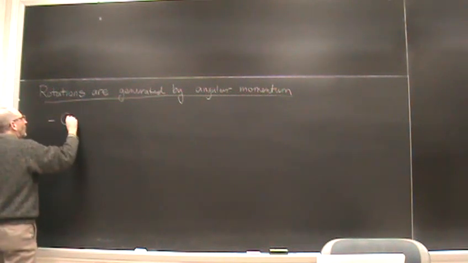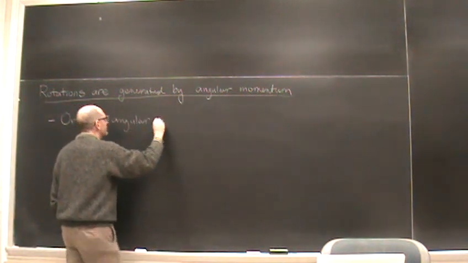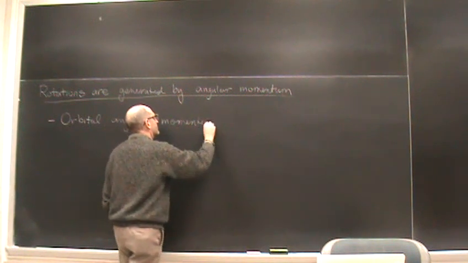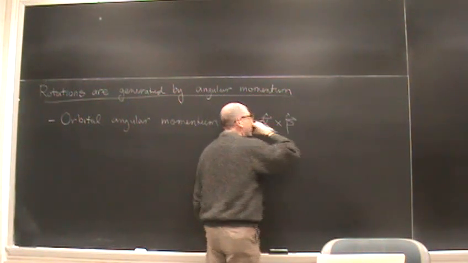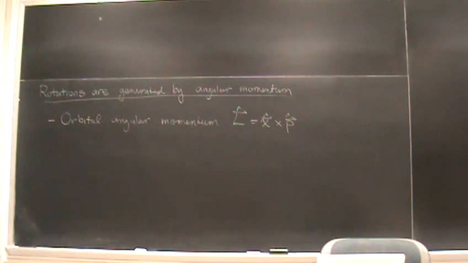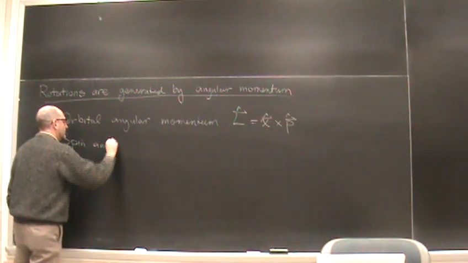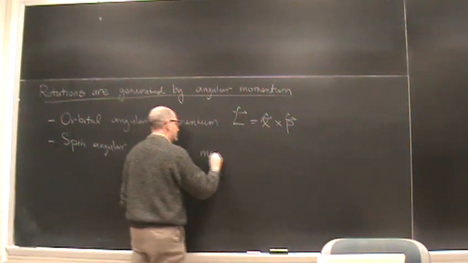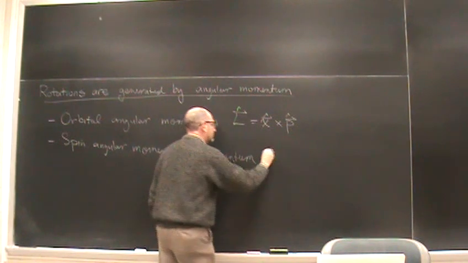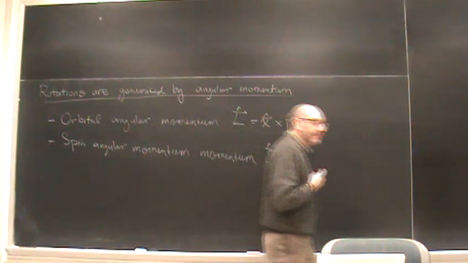We have orbital angular momentum, related to motion of particles, and we have spin angular momentum, which cannot be understood as arising from the orbital motion of anything.